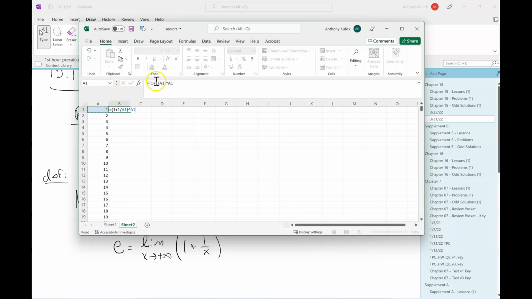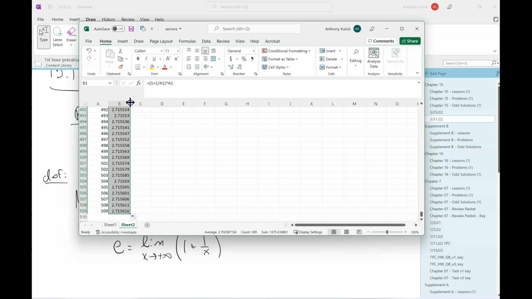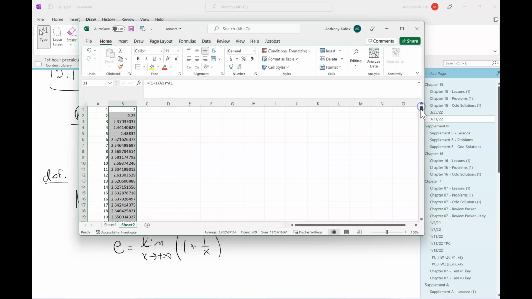So we're going to have 1 plus 1 over whatever that cell next to it is, to the power of that cell. And then we can just drag down. So one way to evaluate a limit, if you don't know what it is, is to just do some testing. So I'm just going to plug in some values.